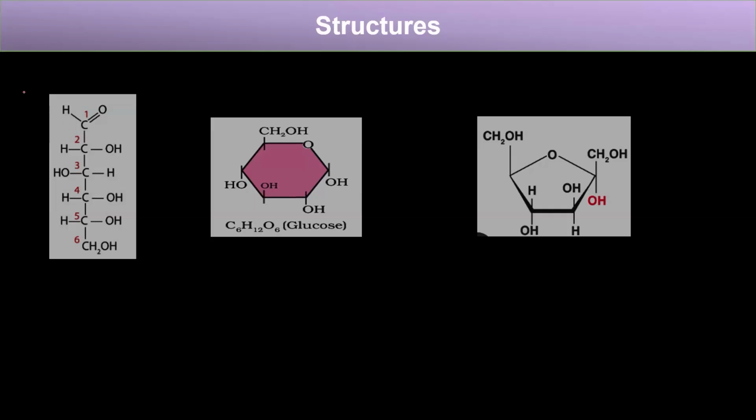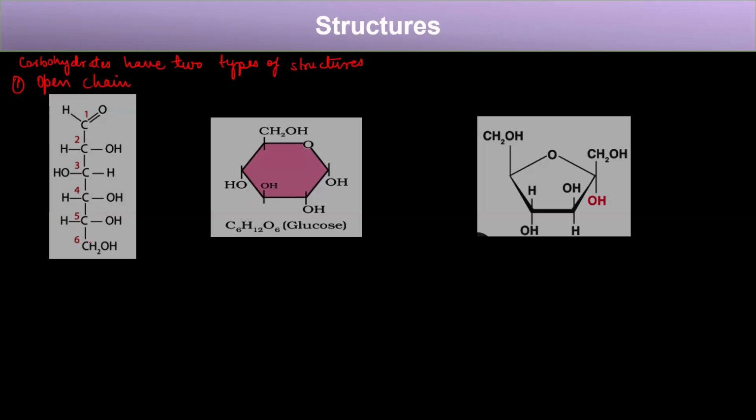What we saw in the last class is that the carbohydrates or the sugars have 2 types of structures. The first one is open chain, and the example you can see here.